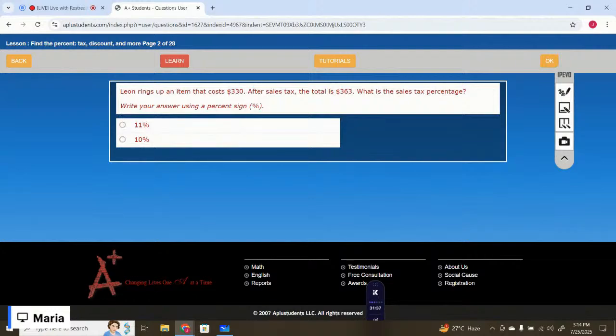Leon rings up an item that costs $330. After sales tax, the total is $363. What is the sales tax percentage?